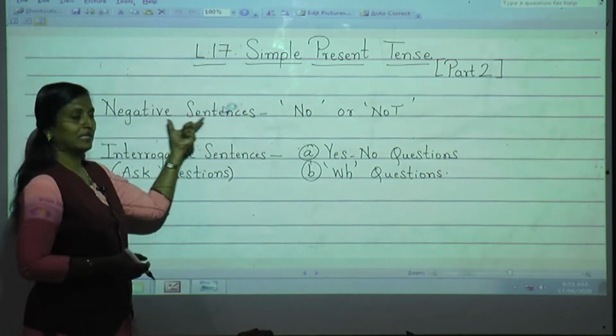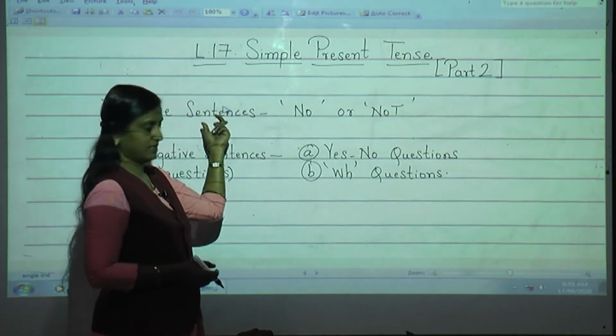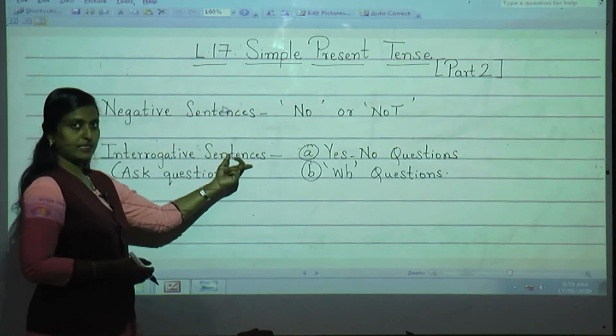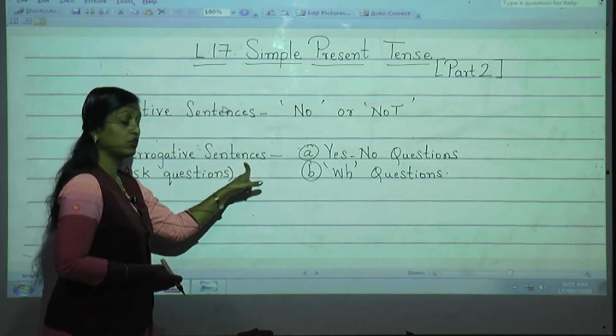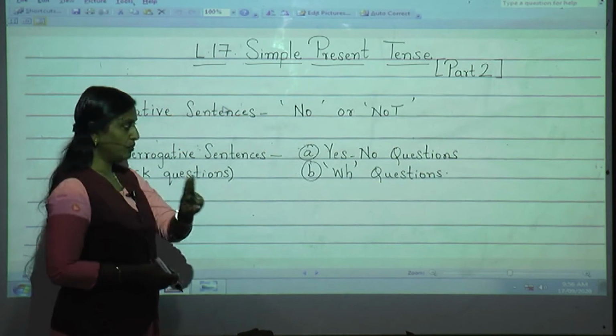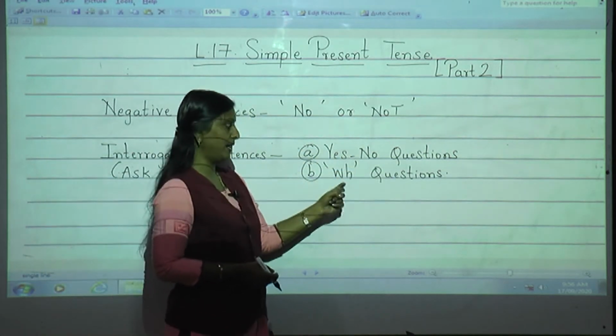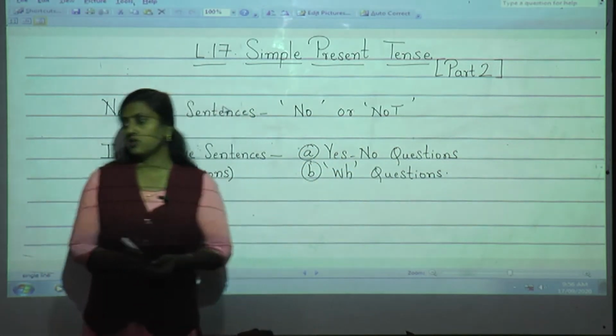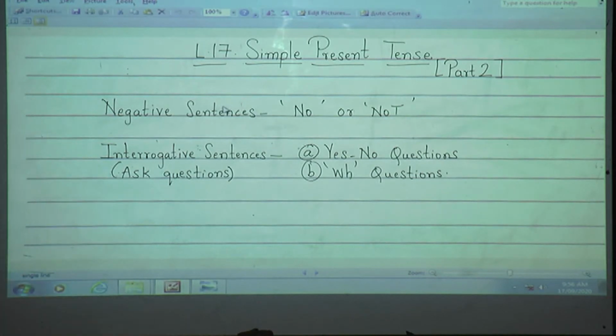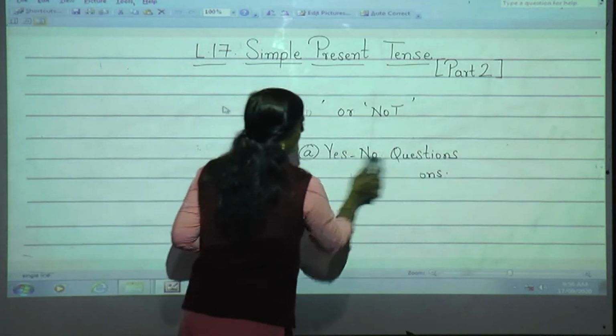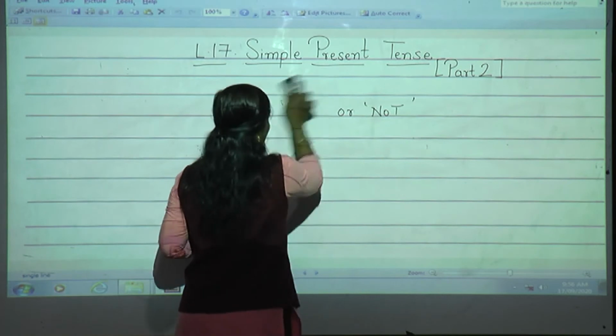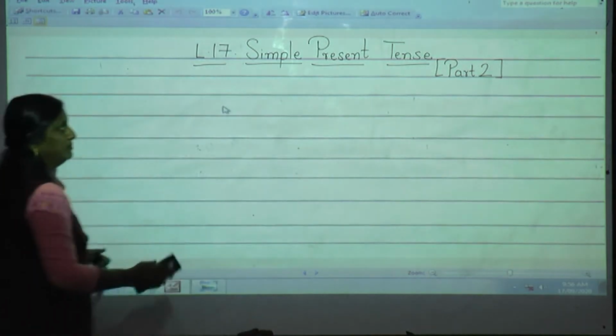Yes, negative sentences in simple present tense and interrogative sentences in simple present tense. In interrogative sentences we are going to cover 2 things, that is yes no questions and WH questions. So are you ready, students? Now you can open your grammar book. I hope that it is open with you.